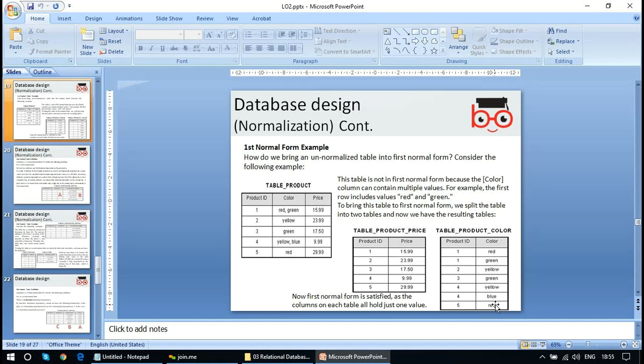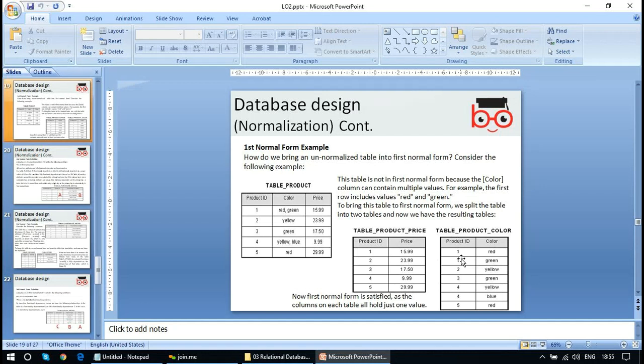It does not matter if the product ID is repeating here, but you have to make sure of the atomic values. Here the product ID 1 is repeated. Probably I would have written product ID 1 is red, 2 is green, 3 is yellow, and so on.